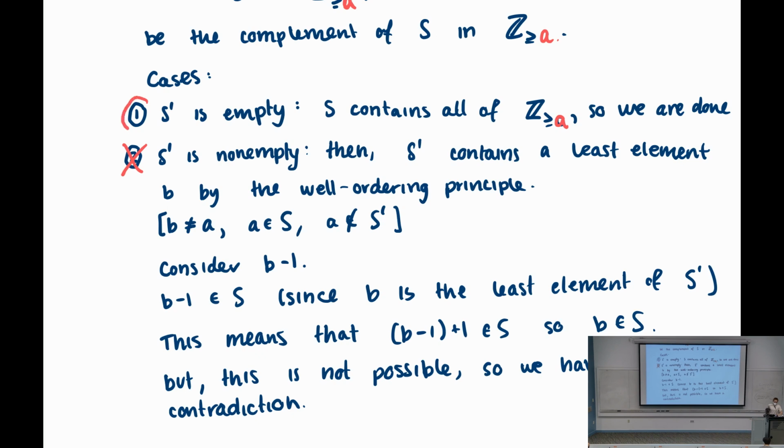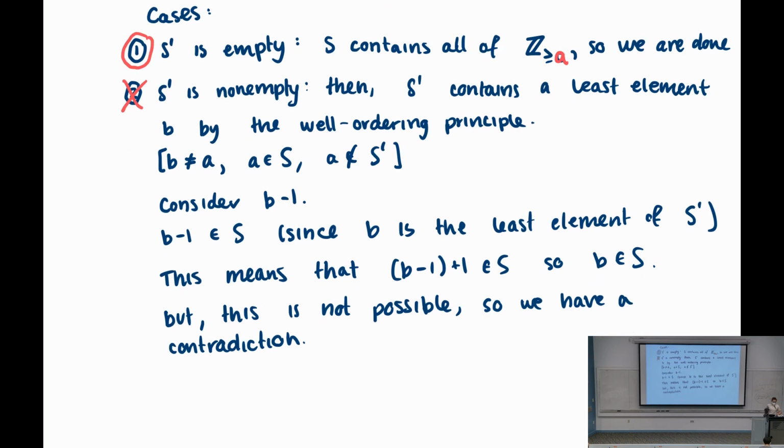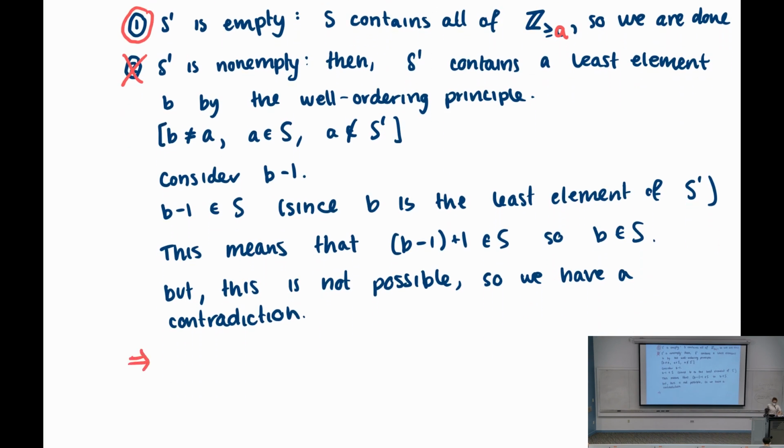So that means that actually S prime is empty, which implies that S is equal to Z greater than or equal to A. Or rather, this is what we proved. So we proved S contains Z greater than or equal to A, which is what we wanted to show.